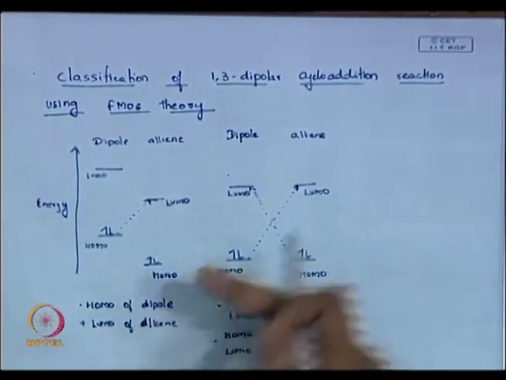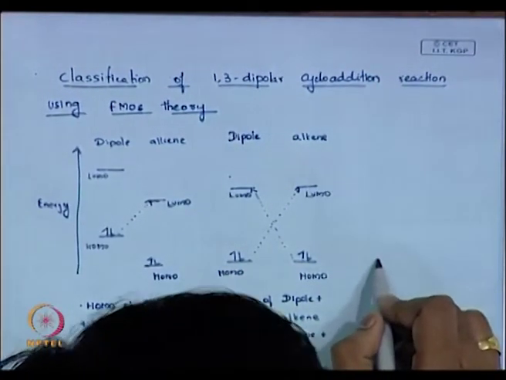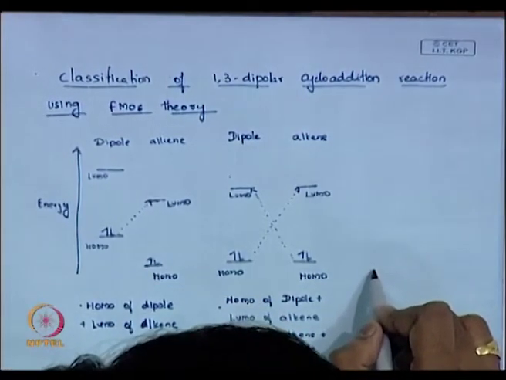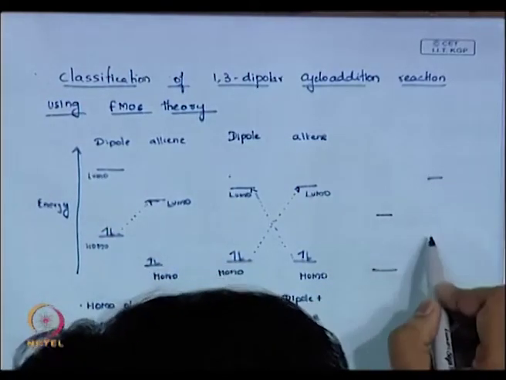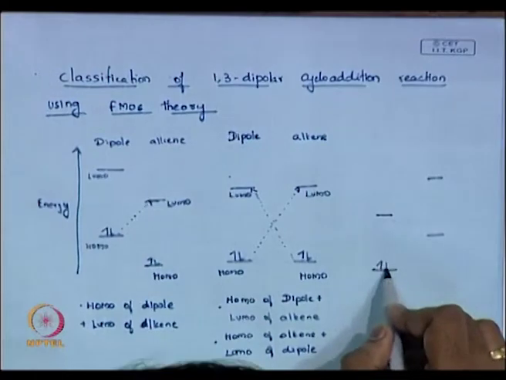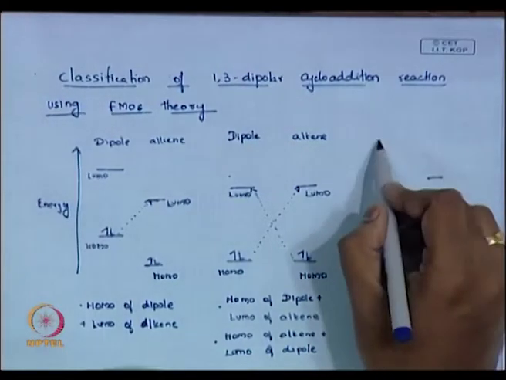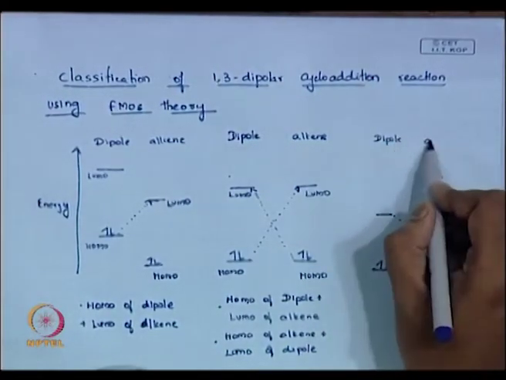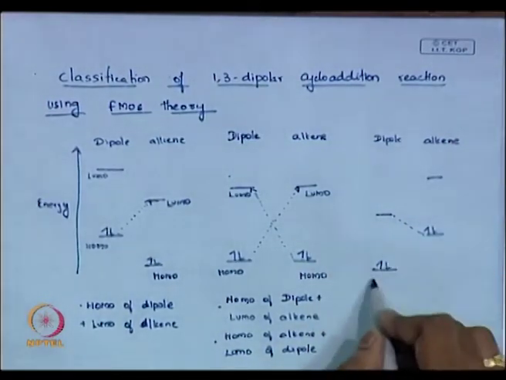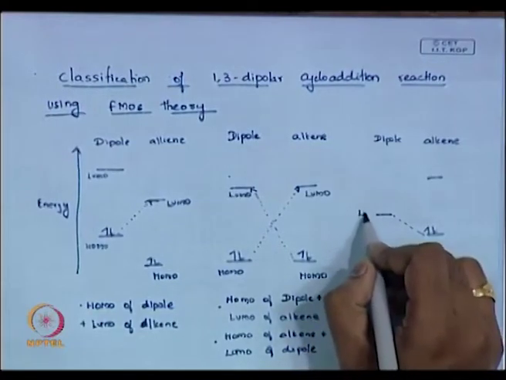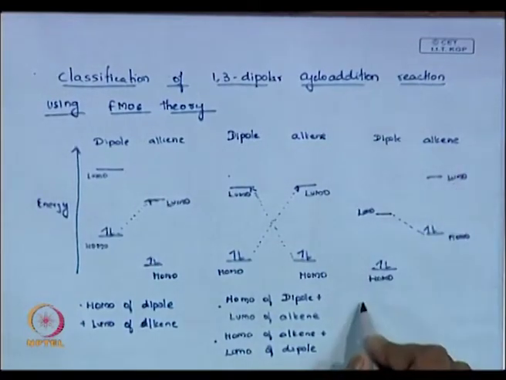Same way you can think about the other way around, right. That is, it can have energy down still. The HOMO of dipole and LUMO. So, in this case what happens?